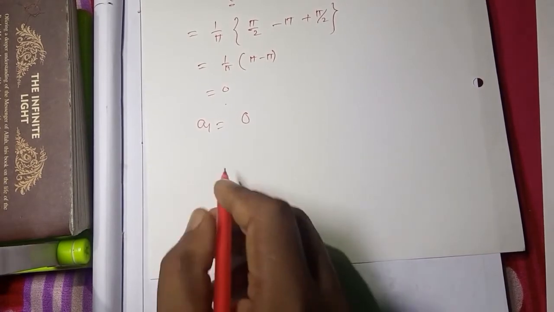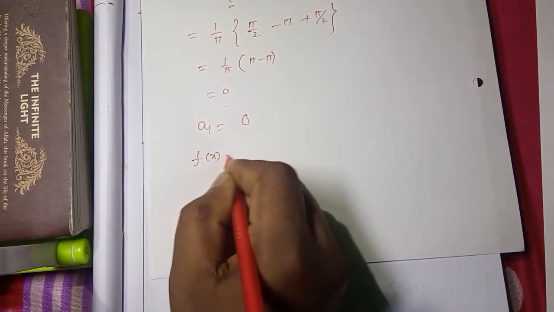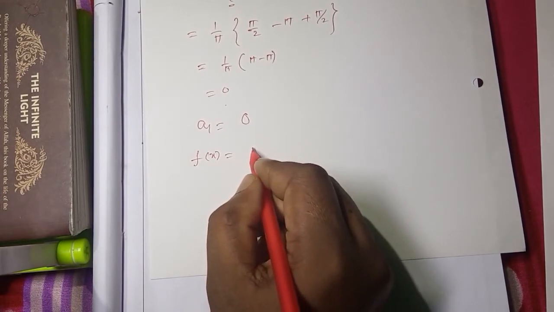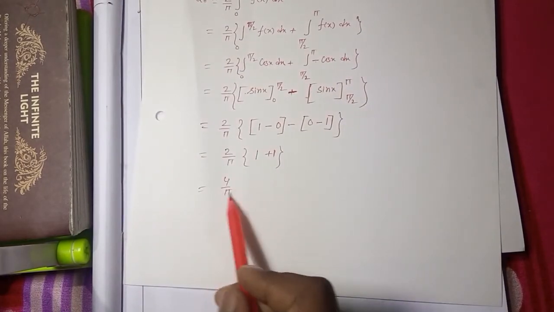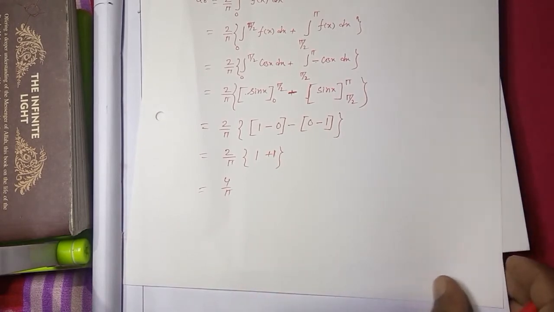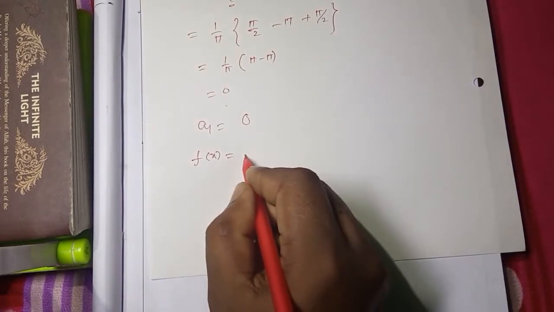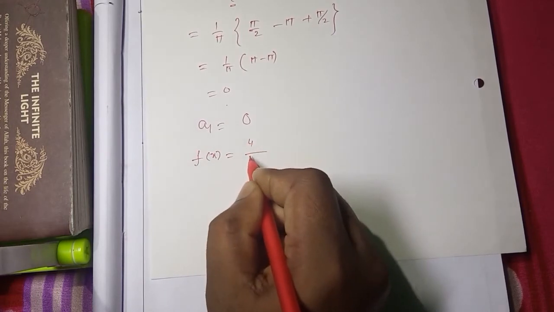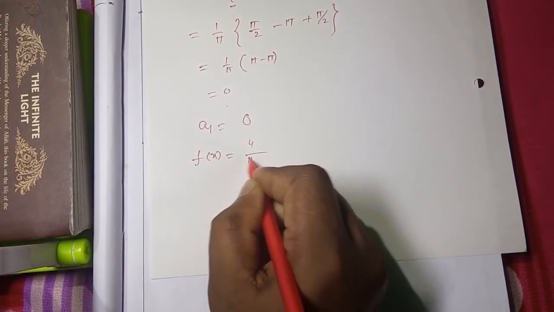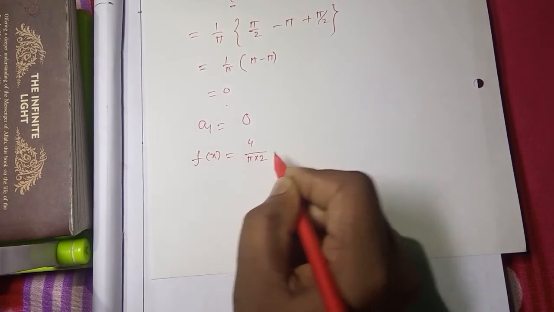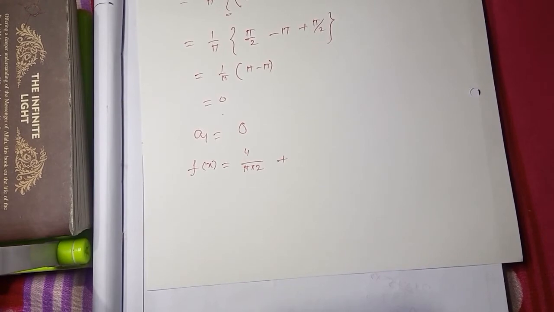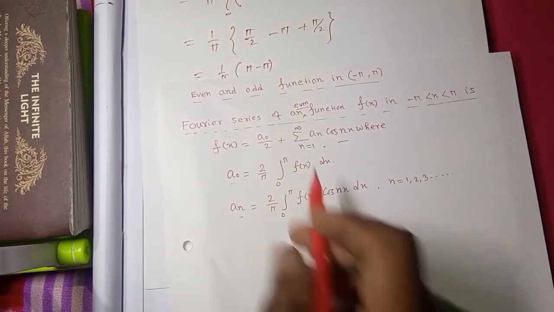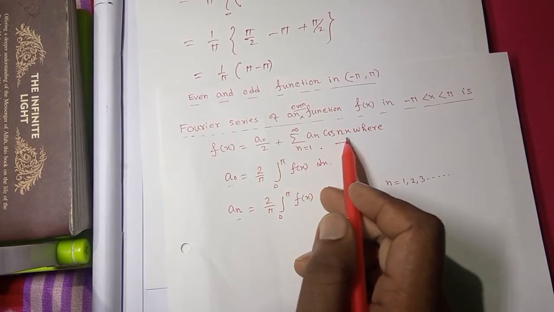Therefore the required Fourier series f of x is equal to a0 by 2. Here we compute a0. Here a0 is equal to 4 by pi. Therefore a0 is 4 by pi, so you get 2 by pi for a0 by 2, plus summation n equal to 1 to infinity an cos of nx.